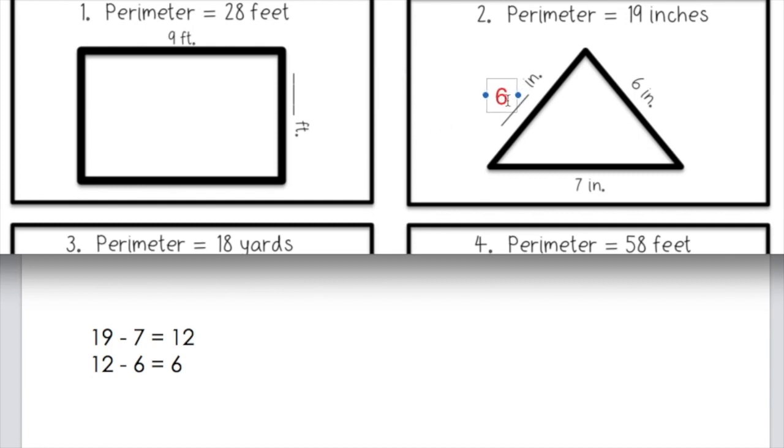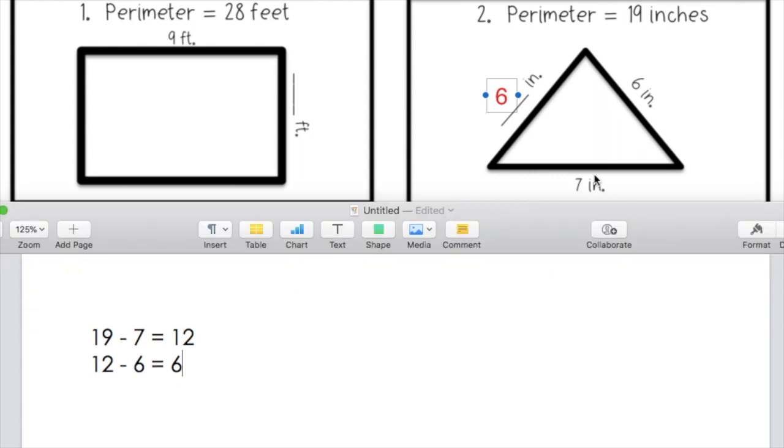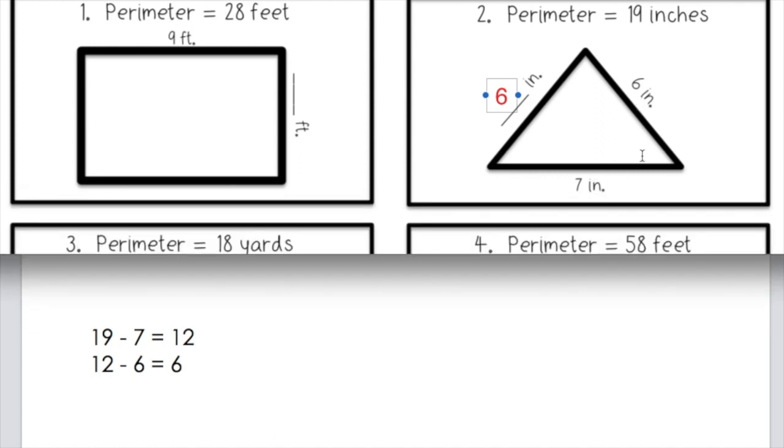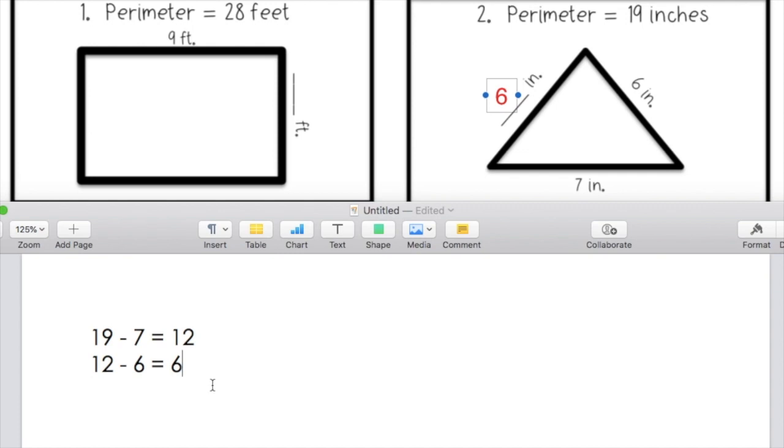I could also do this by adding up the sides that I do know, the 6 and the 7. I'm going to show you a second way. 7 plus 6 equals 13. So I know I have 13 out of 19.